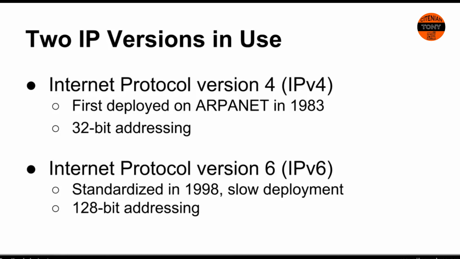This version of the protocol uses 128-bit addressing and provides enough IP addresses for every device on the planet, at least all the devices we have now and think that we're going to have in the near future. So we have both of these versions of IP in use, and these are both examples of network layer protocols.